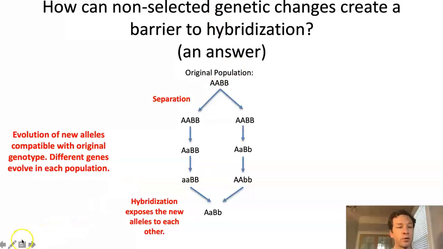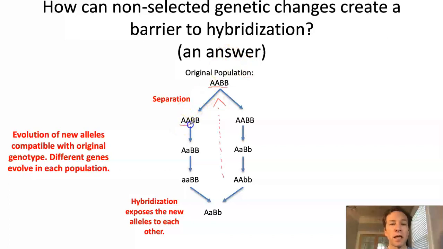So we're going to think about two genes, and we'll just call them gene A and gene B. And we have some original population that has, let's say, the dominant allele for both of these genes. Now we get separation. So some seeds are dispersed across a mountain range or across a large river or something like that. So the two populations are now separate.